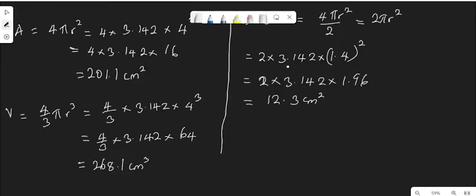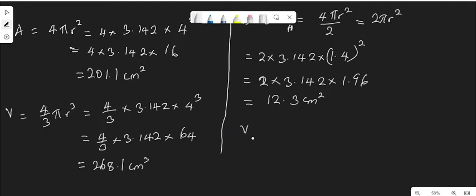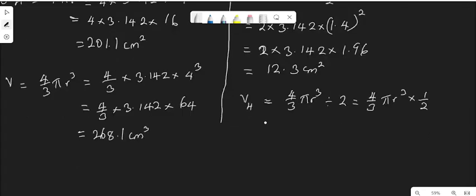Now, the volume of the hemisphere, let me write that as V subscript H. That is 4 over 3 pi r cubed divided by 2, which is 4 over 3 pi r cubed multiplied by 1 over 2, which is 4 times 1 is 4, 3 times 2 is 6.